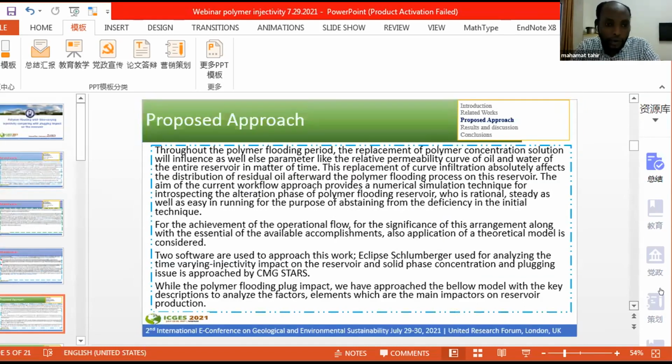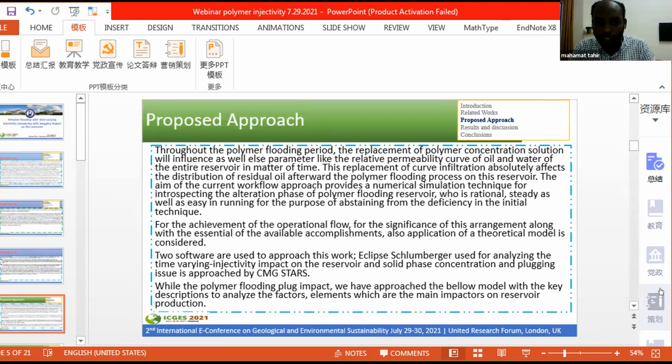So now I will be going through the work straightforwardly. We have proposed here a methodology to approach this. First, we use the polymer concentration.